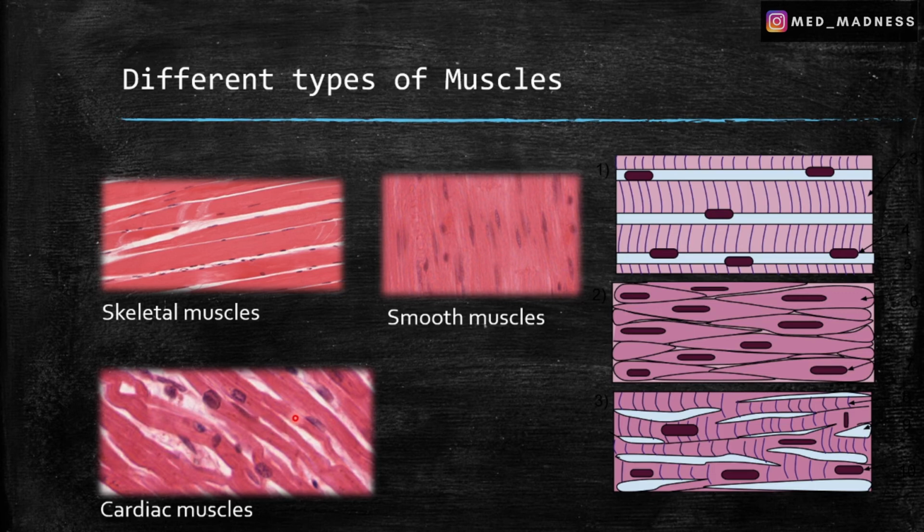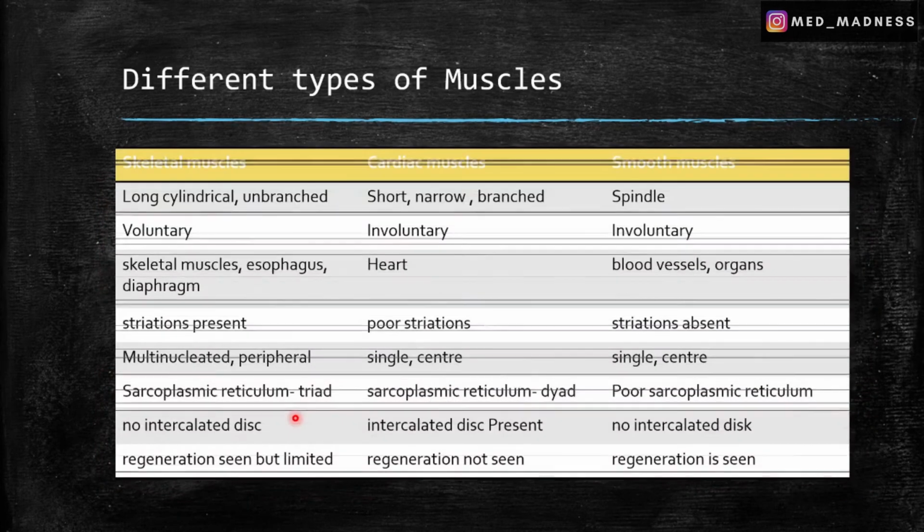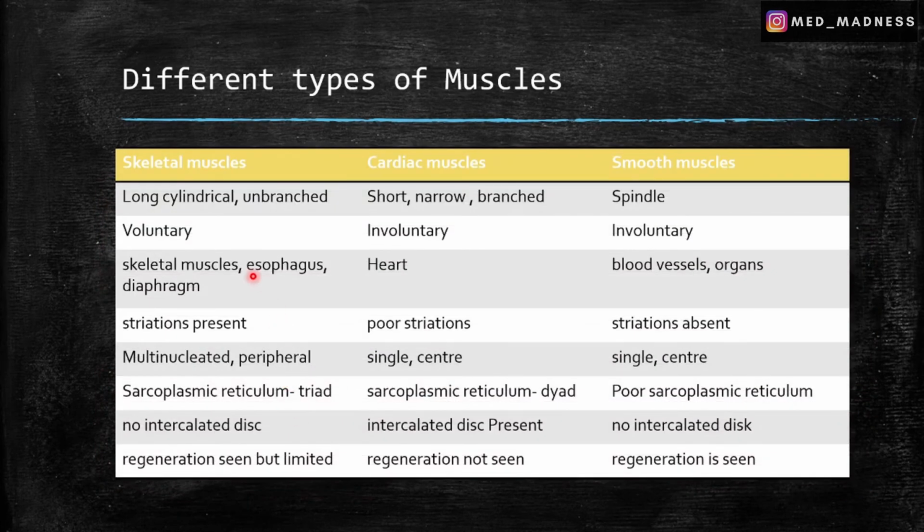Let's summarize using a table. I'm going to read out this table. This table is going to be very easy because we have discussed almost all the points here. Skeletal muscles are long, cylindrical, unbranched. Cardiac muscles are short, narrow, branched. And smooth muscles are spindle shaped.